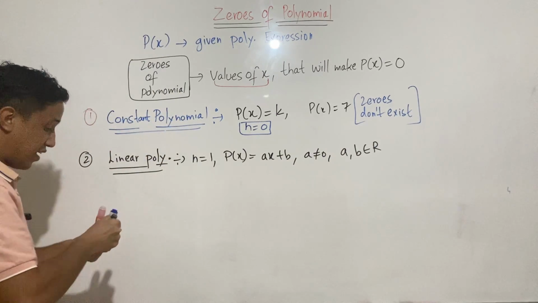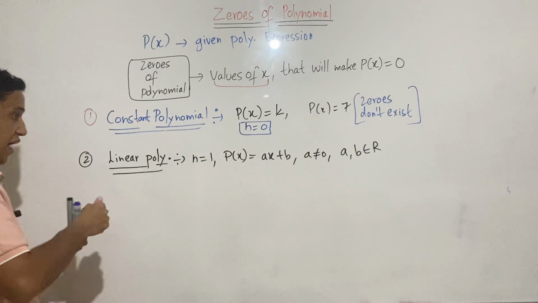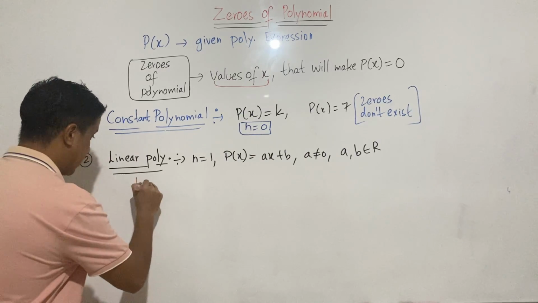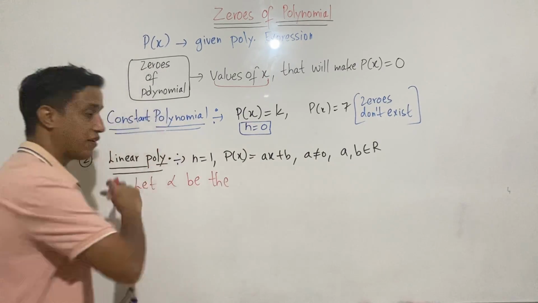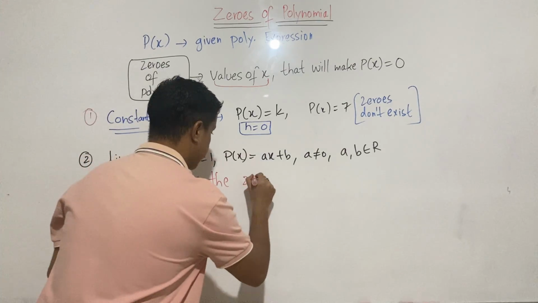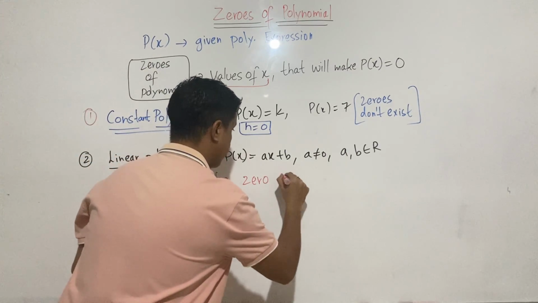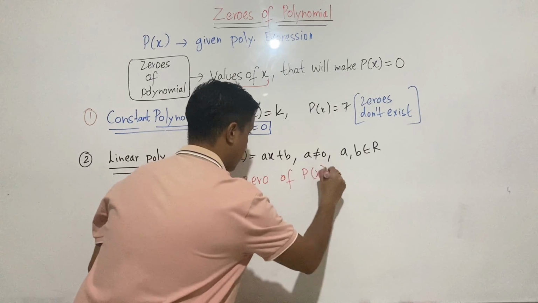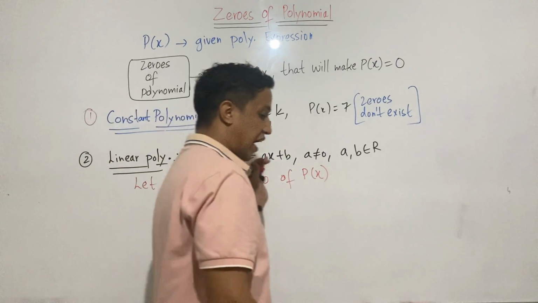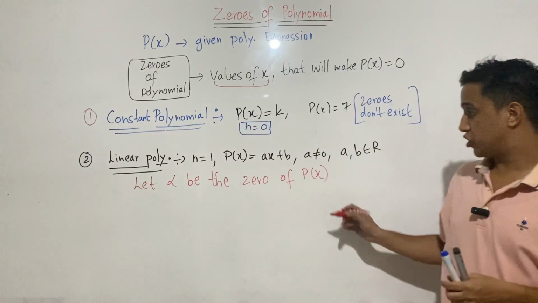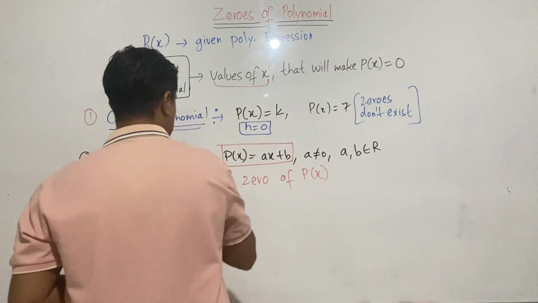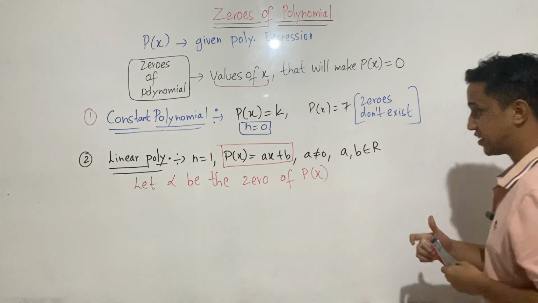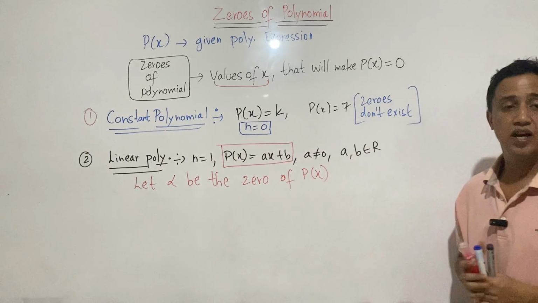So let alpha be the zero of p(x). This is the general form to represent a linear polynomial, and here I said let alpha be the zero of p(x).